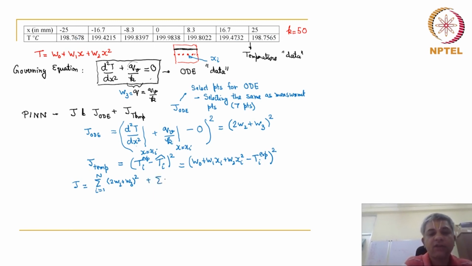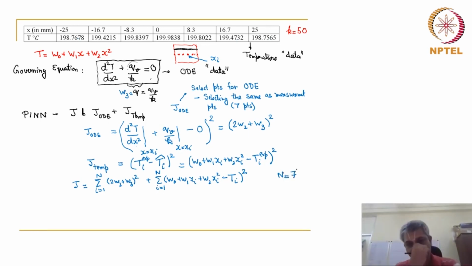Plus, w0 plus w1 xi plus w2 xi square minus Ti experimental, I'm just going to call it Ti, square, i equal to 1 to the number of points. Number of points here is 7. Okay, so now we have the cost function.